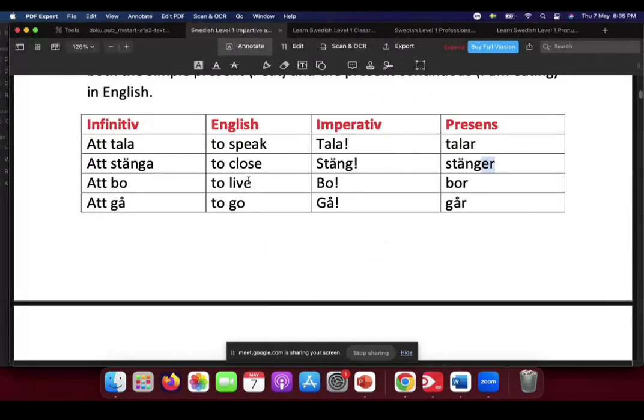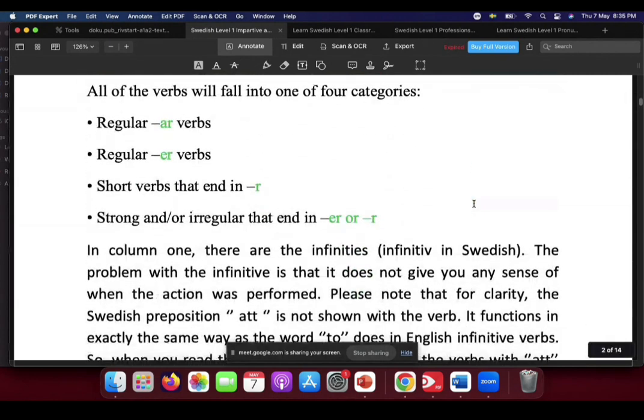Why short verbs? In this group 3, we will see there are only two letters, like at bo and at bor. And group 4 is irregular verbs. They don't follow any rule. So you would learn AR verbs, ER verbs, short verbs, and irregular verbs. These are four types of verbs that we need to learn.